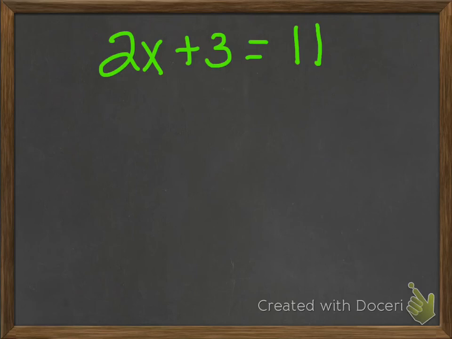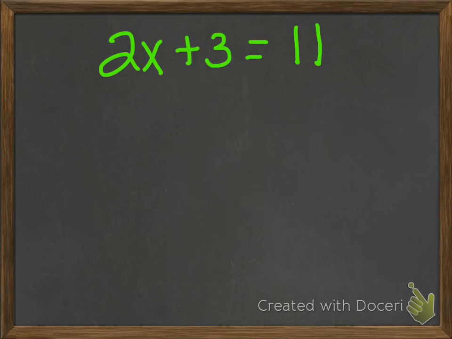Alright. When you're solving two steps, think about order of operations. We're going to kind of go backwards. Since we're undoing, we're going backwards. Adding, subtracting.